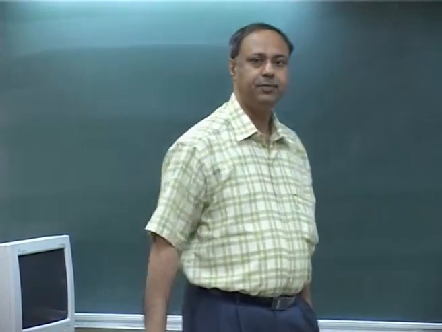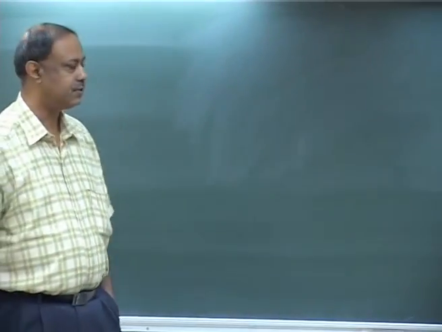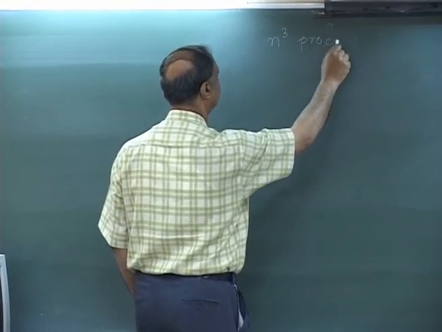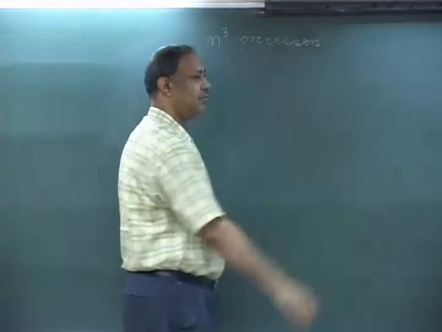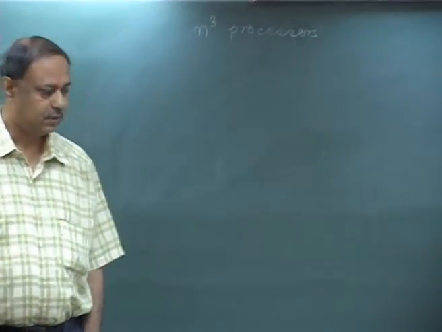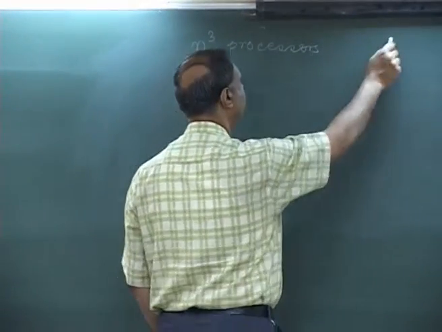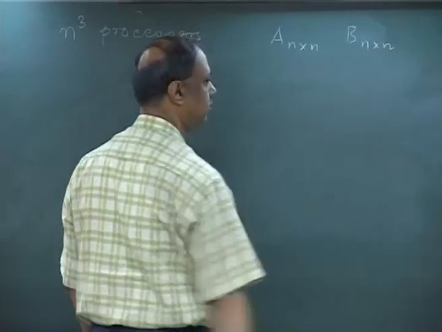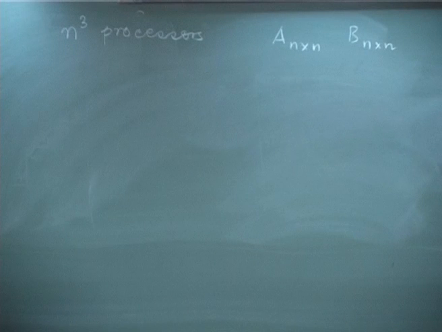Now let us think about the hypercube. If you remember the hypercube, you have n cube processors, and you have the matrices A and B. If I break down the matrix multiplication, you need n cube multiplications.